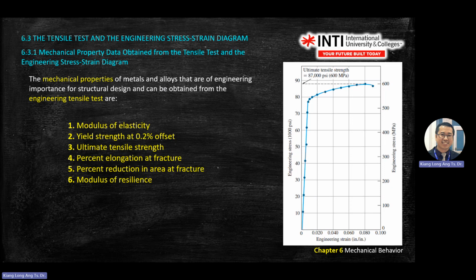The intersection with the curve, this value will be used as the value for plastic starting to happen. You project this value to the left, you get one stress value. We call it the start of plastic, or sigma plastic.